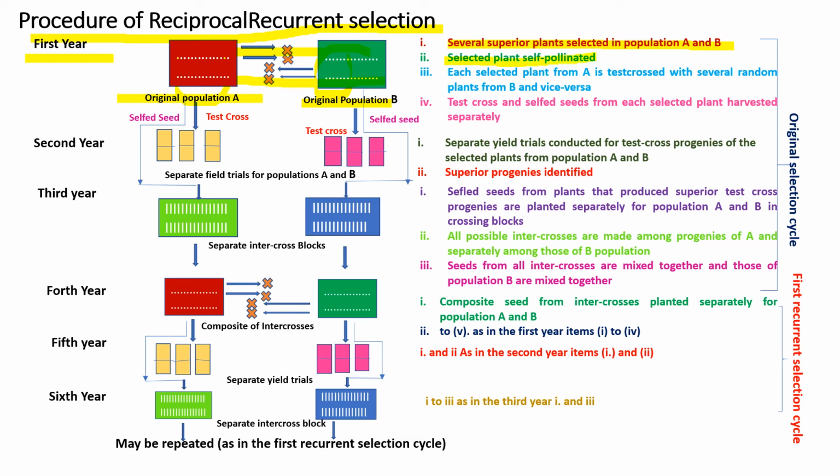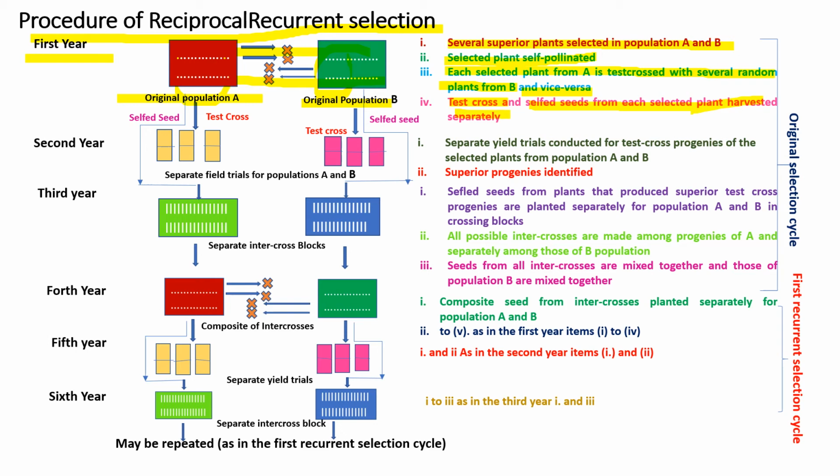Selected plants are self-pollinated. Each selected plant from A is test crossed with several plants from B and vice versa. Test cross and self seed from each selected plant are harvested separately.